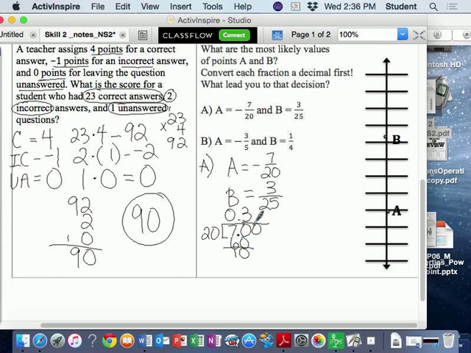Bring down another 0. So you have 20 goes into 100 5 times. Now, since we have a negative 7 over 20, we know that our answer will be negative. So negative 0.35.